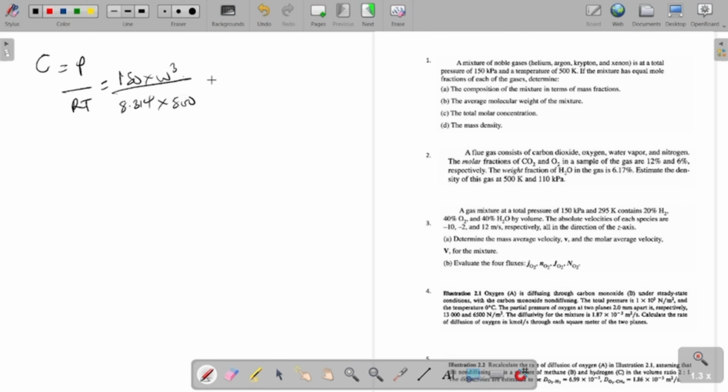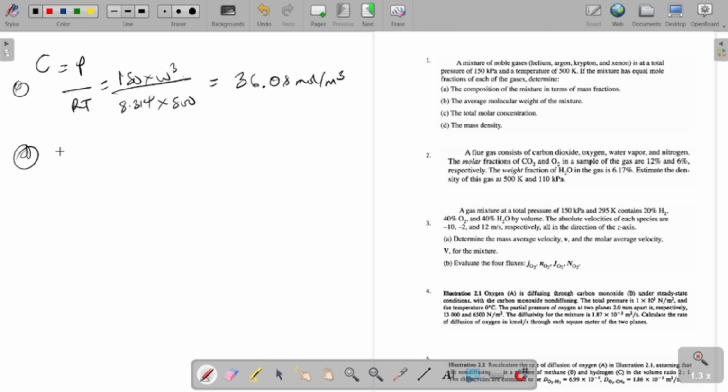My temperature was 500. This leaves me with a concentration of 36.08 mole per meter cube. So that's the total molar concentration, that's for C.